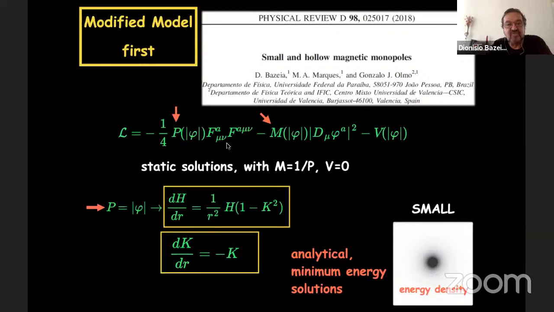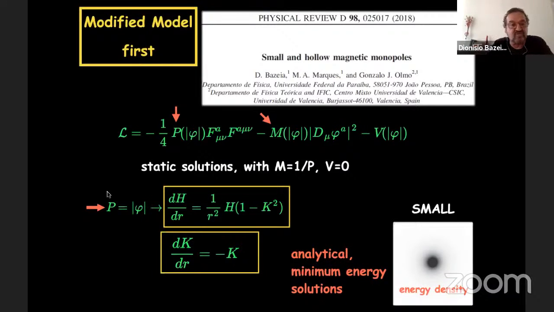If I look for a static solution, and if I put V to 0 again, and if I write M as 1 over P, then I get, for P given in this form, two first-order differential equations. So we shall minimize the energy of the solutions.